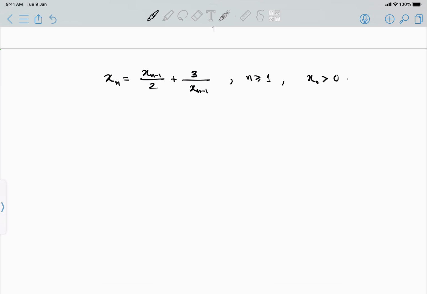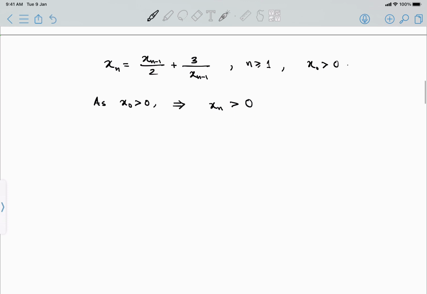In order to check that this sequence converges, as x_0 is positive, all the terms of the sequence are always positive, so this is a positive sequence.